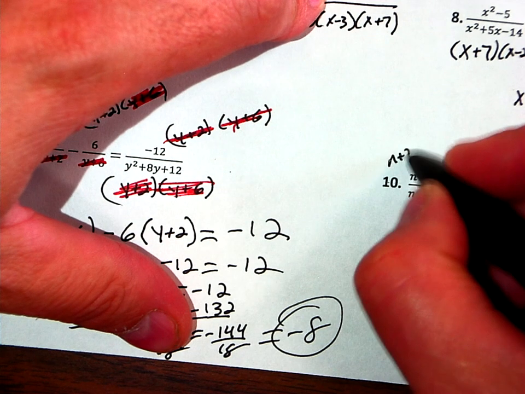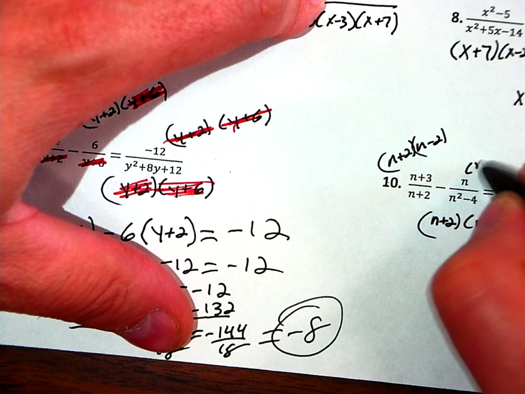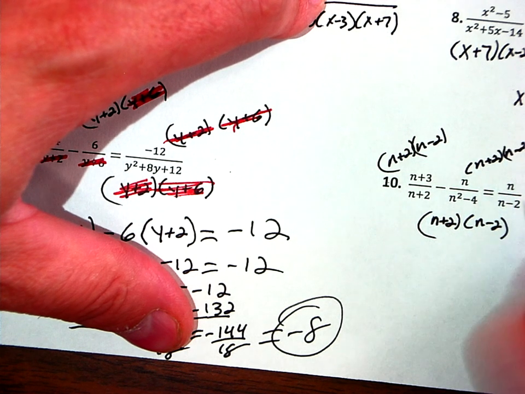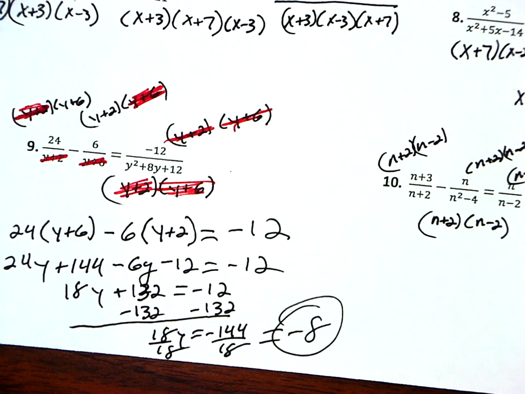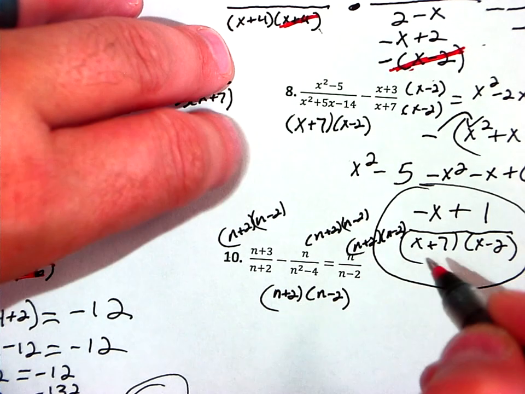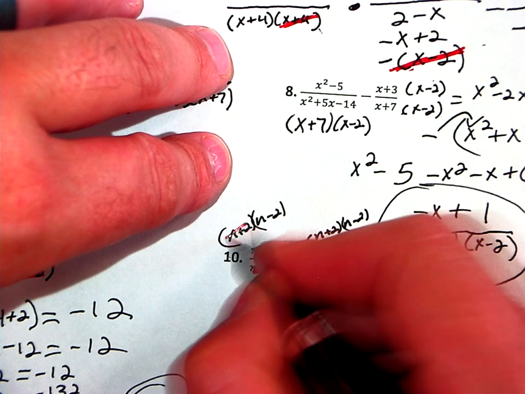So n plus 2, n minus 2, n plus 2, n minus 2, and n plus 2, n minus 2. So on the first term, I can get rid of the n plus 2 and the n plus 2.